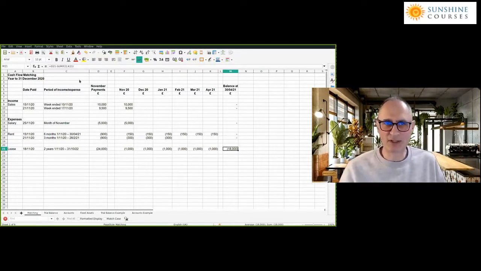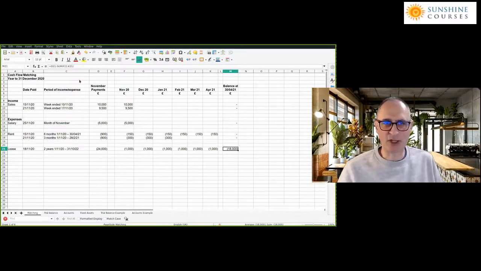As it turns out, in this particular example, if we were doing a balance sheet as at the 30th of April, we could say definitively that £18,000 of the £24,000 has not yet been used up. So that's a balance to be carried forward for future periods.